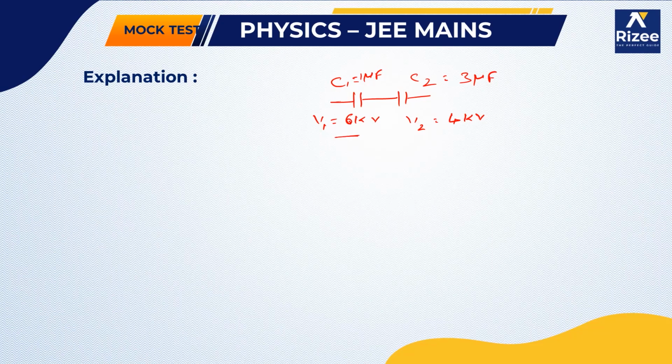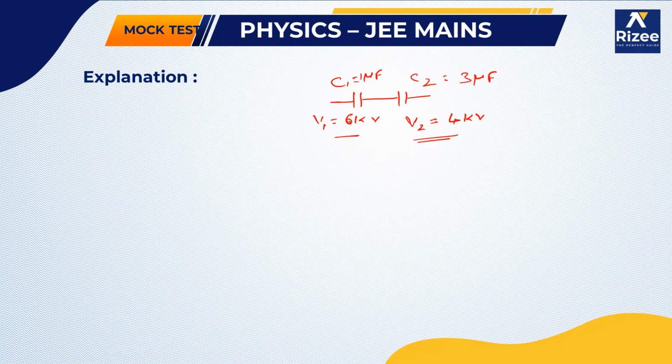If you give any potential which is more than 6 kilovolts across the first, the capacitor is not going to work, and likewise if the potential drop across the second one is more than 4 kilovolts, it stops working. Since he is asking for the maximum value, we cannot go for the first and second options.